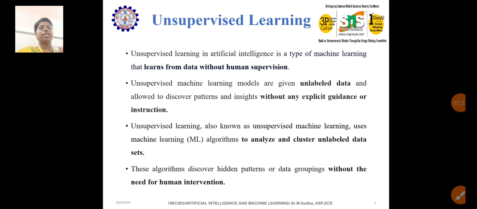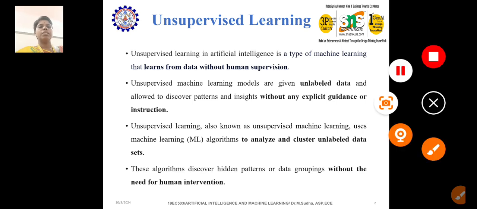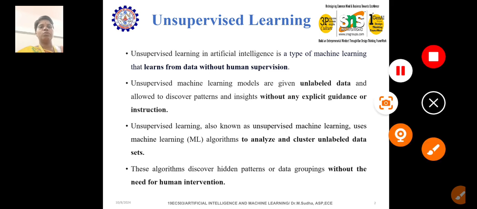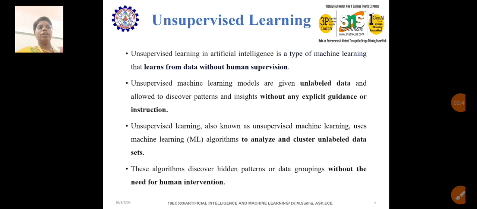This I have explained already. And the next point: unsupervised learning, also known as unsupervised machine learning, uses machine learning algorithms to analyze and cluster unlabeled data sets. These algorithms discover hidden patterns or data groupings without the need for human intervention. This we already discussed.